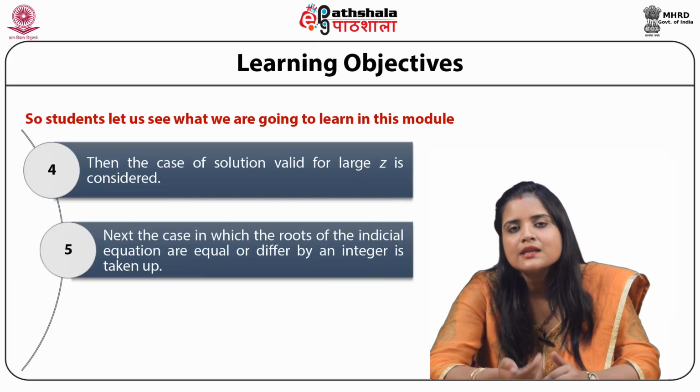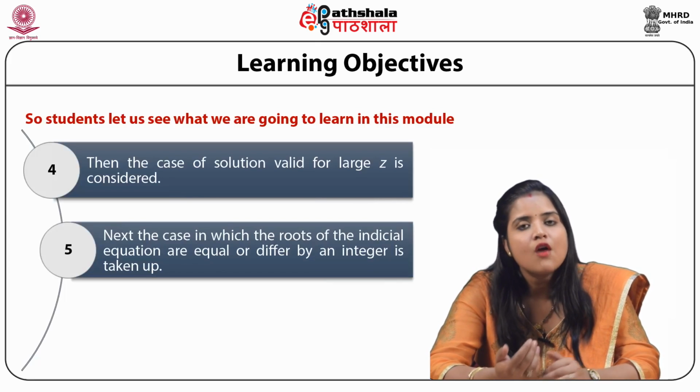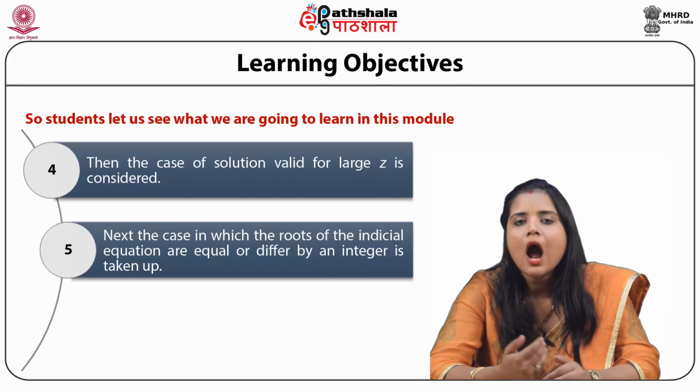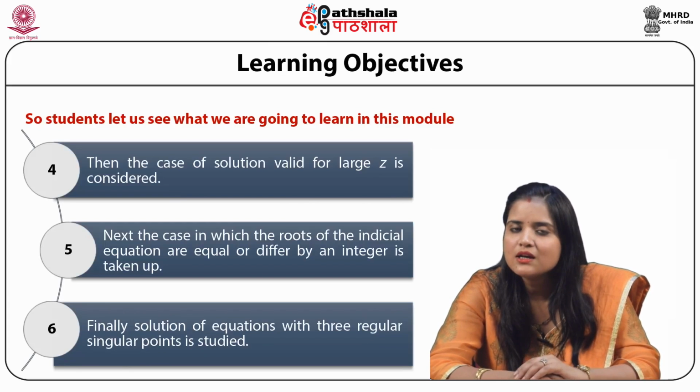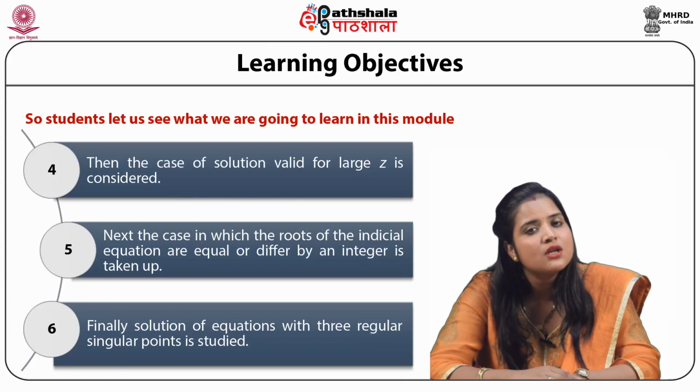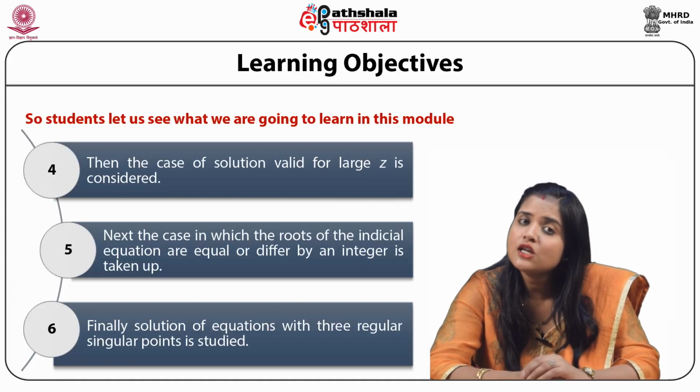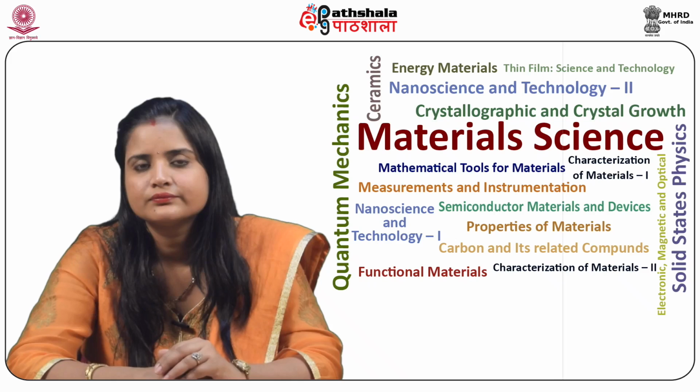Next, the case in which the roots of the indicial equation are equal or differ by an integer is taken up. Finally, solution of equations with three regular singular points is studied.